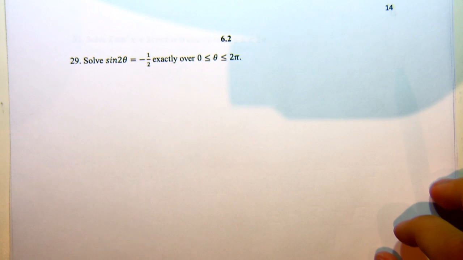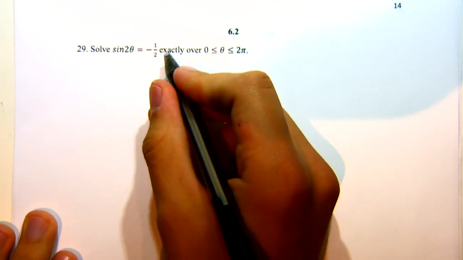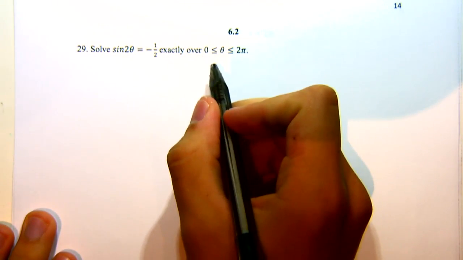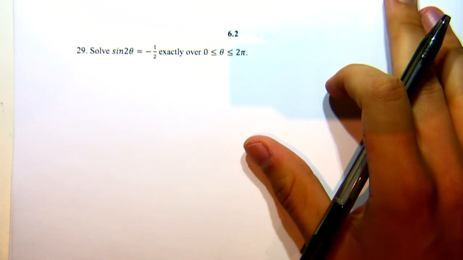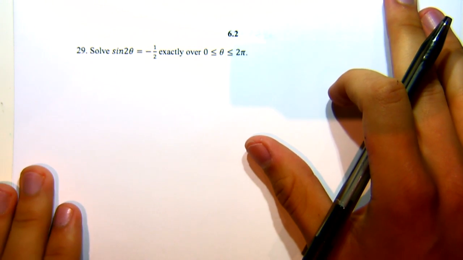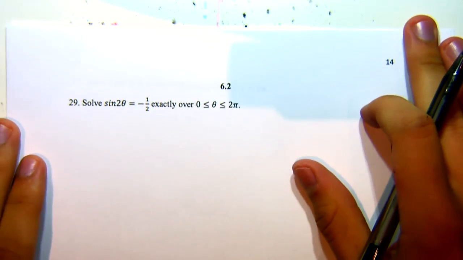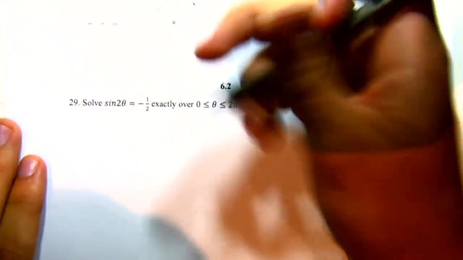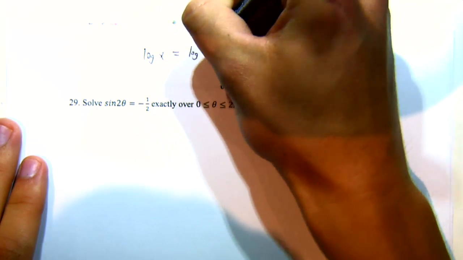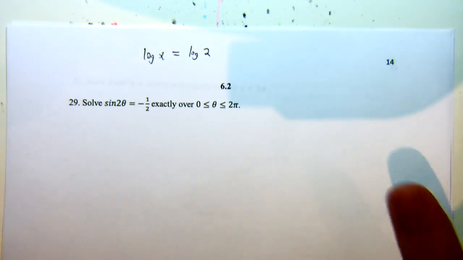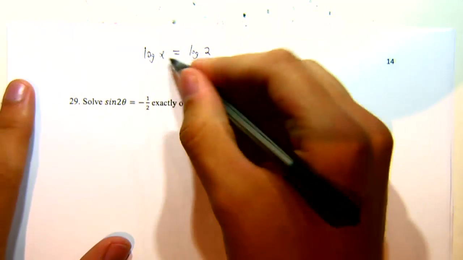All right, so question 29. So solve sine of 2 theta equals negative 1/2 exactly over the interval 0 to 2 pi. So for this problem, you know how from algebra, if you have log of x is equal to log of 2, essentially we could just cancel out the logs, because whatever's in here has to be equal to whatever's here.